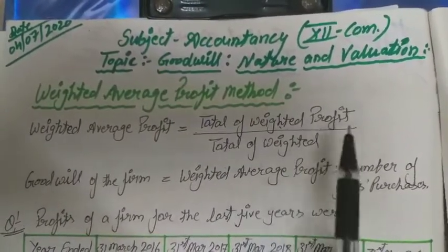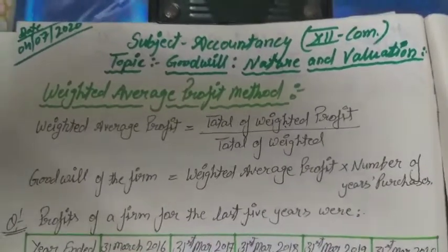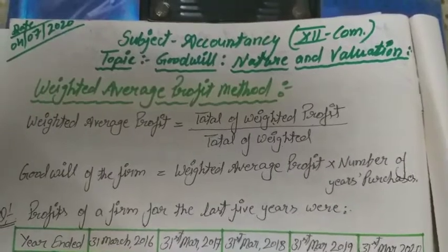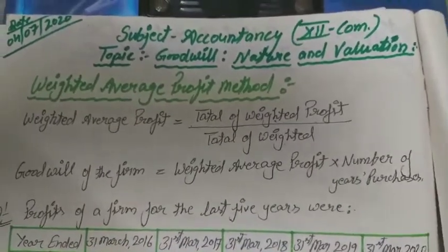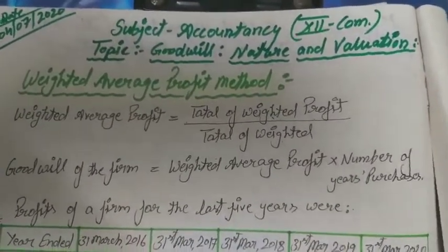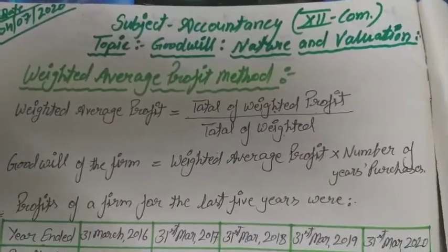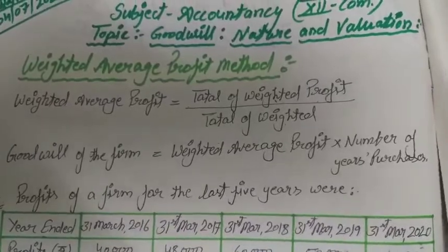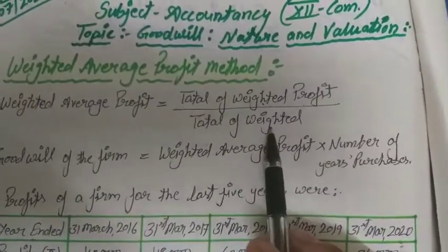It means whatever weightage is given for each particular year, we have to add all the weightages. For example, for 2014, weightage 5 is given, and for 2015, weightage 6 is given. Then to calculate the total weightage, 5 plus 6 is equal to 11. So that will be the total weightage.